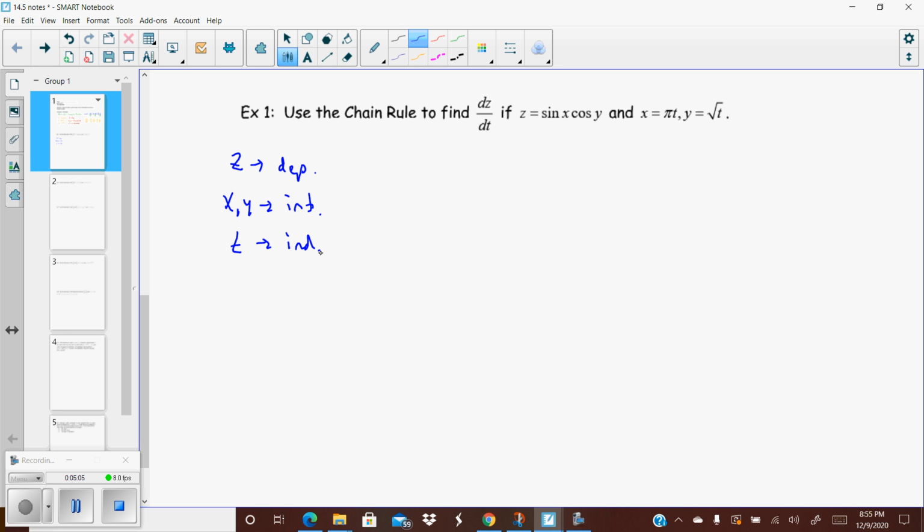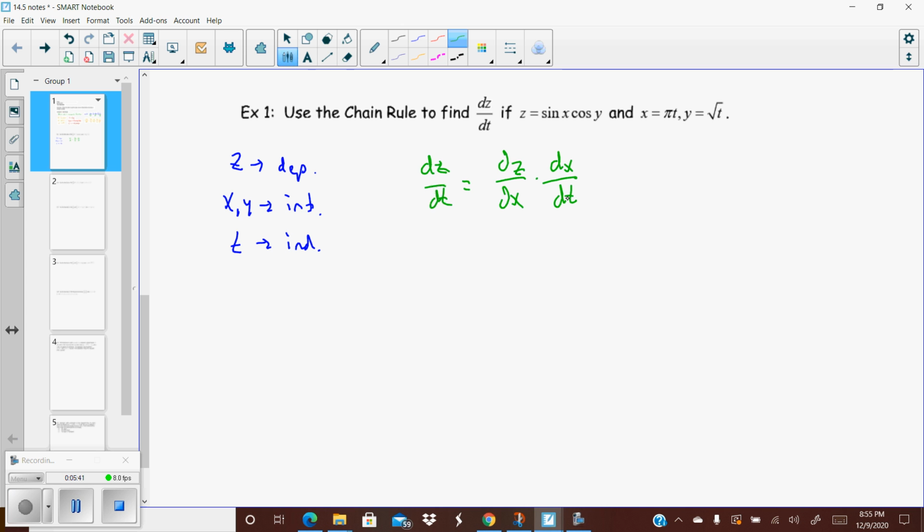So it might be a good idea to go ahead and write your formula out. If I'm going to take the derivative of z with respect to t, it's a full derivative of z with respect to t, meaning every partial that has to do with t has to be included in the chain rule. So I'm going to have to take a partial of z with respect to x times chain rule, because x depends upon t, the full derivative of x with respect to t.